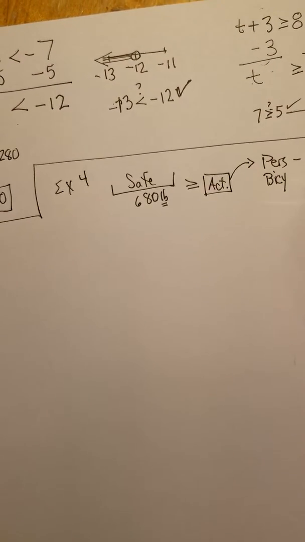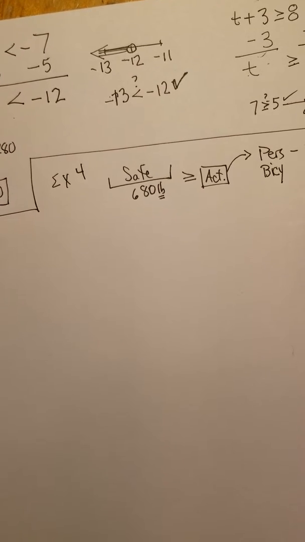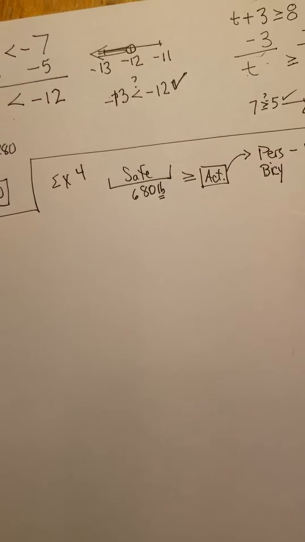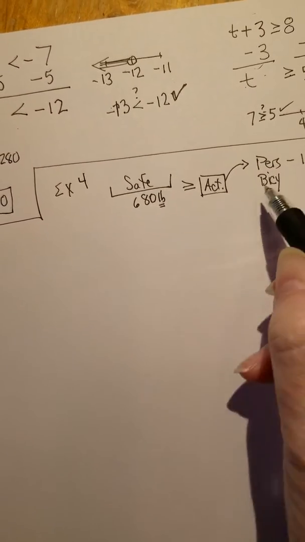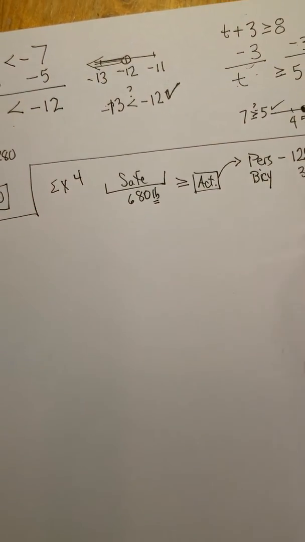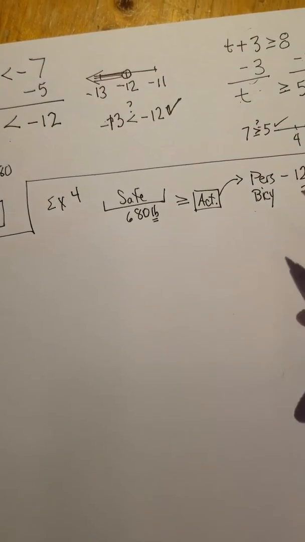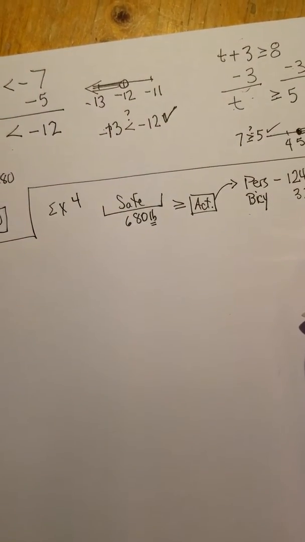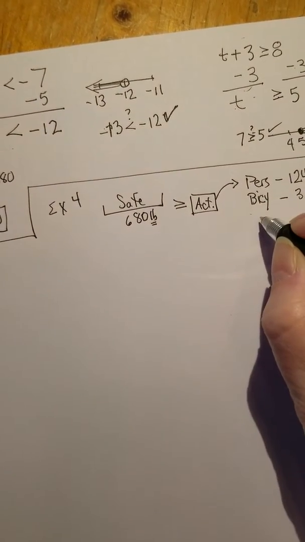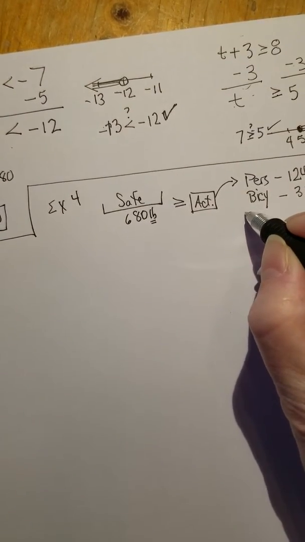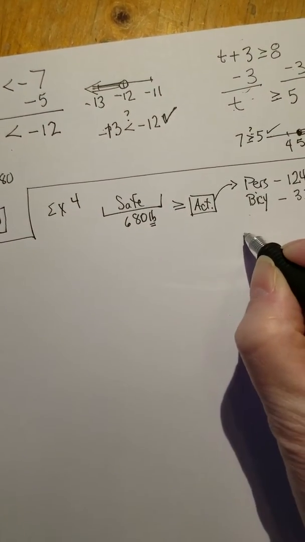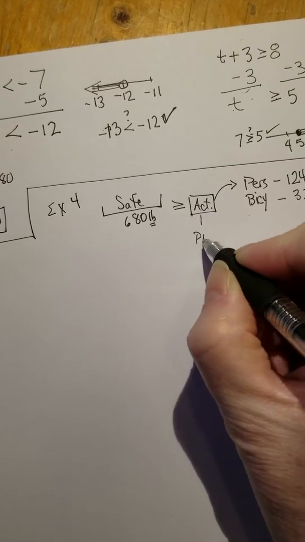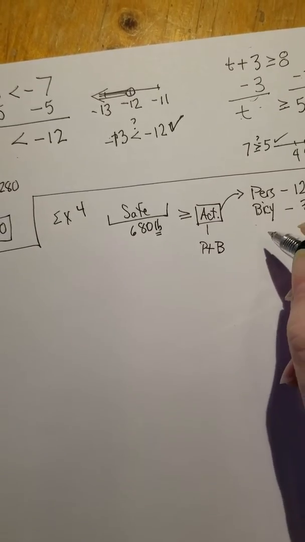The person is 124 pounds. The bicycle is 32 pounds. So my actual weight is going to be what? This is me not working it mathematically. So my actual weight is going to be the person plus the bicycle.